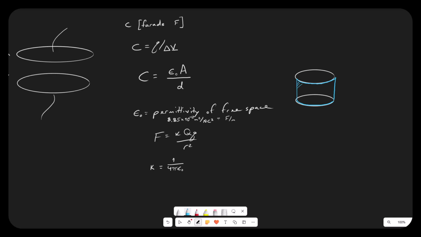Some kind of a material between these. That material that we put between these is called a dielectric. A dielectric is something that can polarize and that can kind of stabilize this thing a little bit more. The interesting property, the relevant property, is what we call our dielectric constant.